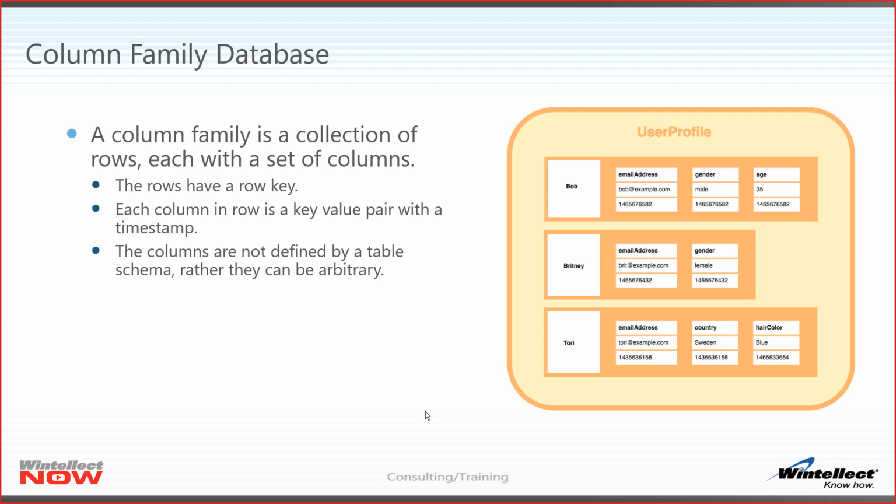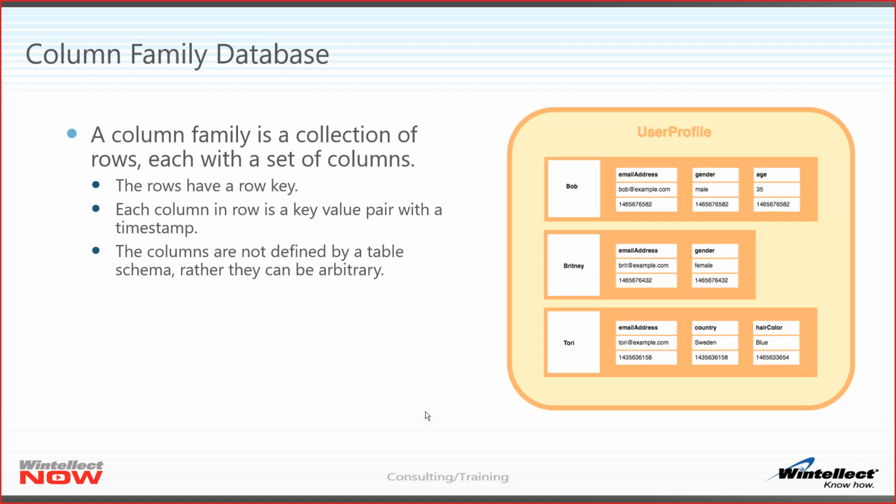I could query across the Brittany and Bob rows here. I can query across gender, but it wouldn't pick up anything from the Tory row because it doesn't have a column called gender. So this gives me really flexible columns I can stick in rows, and I can query across those rows that all have a common column, and it will ignore rows that don't have that column.